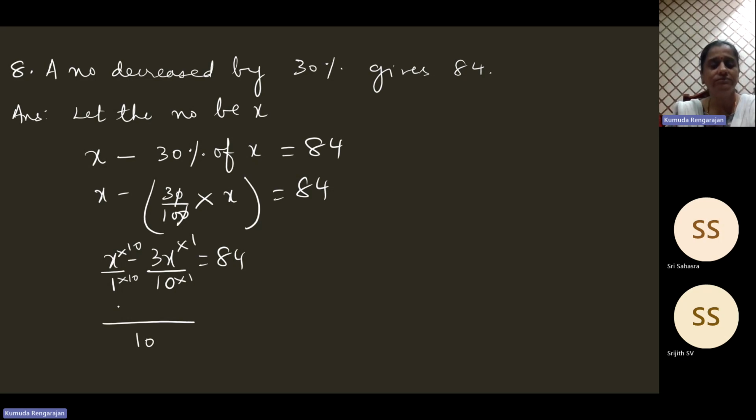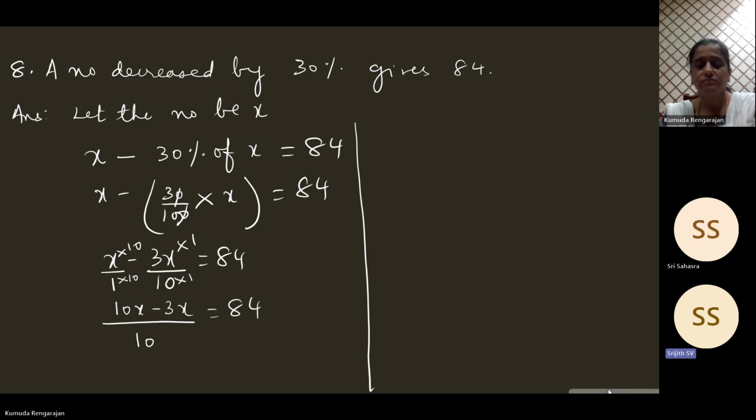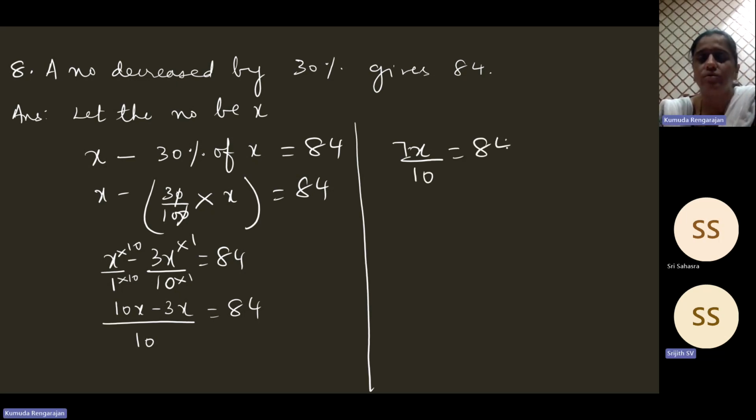What is x into 10? 10x, ma'am. Minus 3x into 1, minus 3x, ma'am, is equal to 84. Next, what's 10x minus 3x? 10x minus 3x is equal to 7x. 7x by 10 is equal to 84.